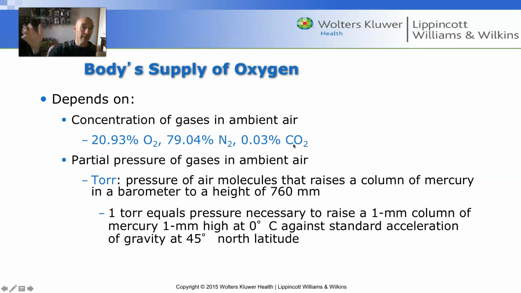So just thinking about that alone, right? In our lungs, the concentration of oxygen is less than this, which again drives oxygen from the environment into our lungs. And in our lungs, the concentration of CO2 is higher than this, and that drives CO2 from our lungs to the air, right?